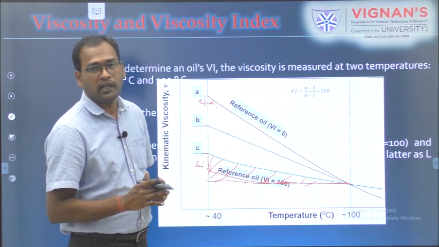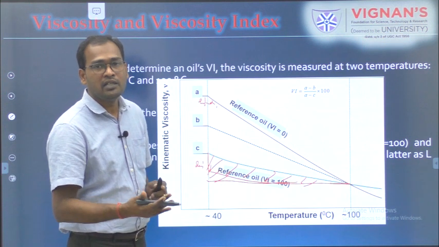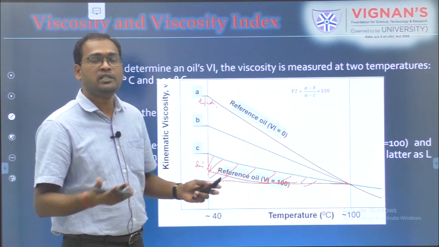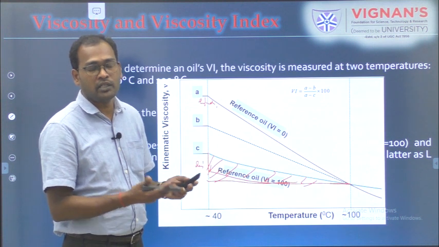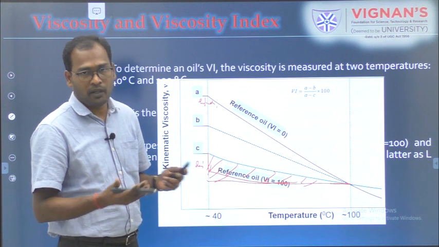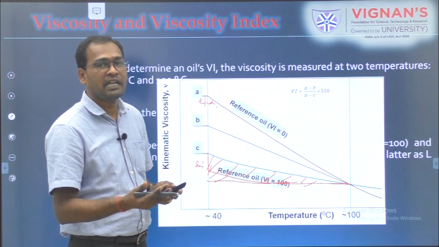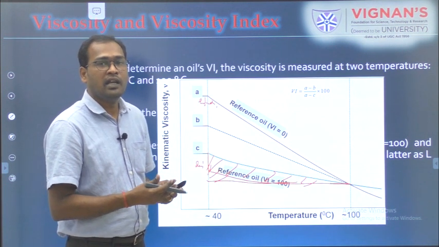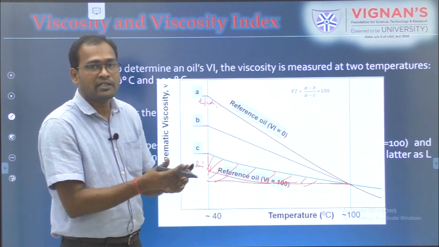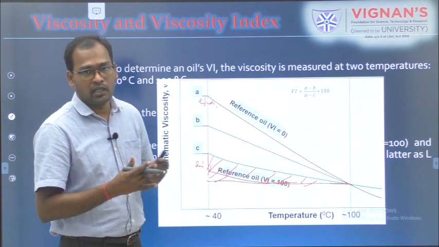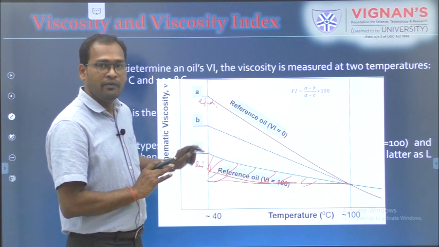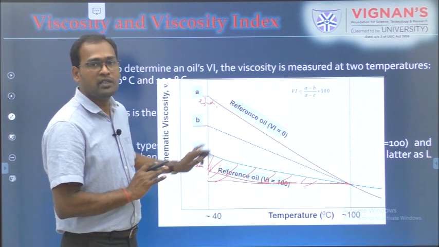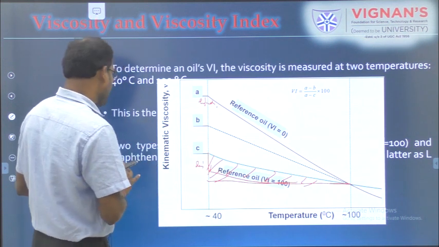If that viscosity index is higher, it means the viscosity will not change hugely as a function of temperature. If your material has a very low viscosity index, that means the material will change its viscosity drastically as a function of temperature. That is what is inferred from this graph.